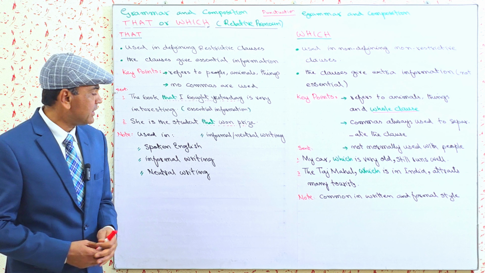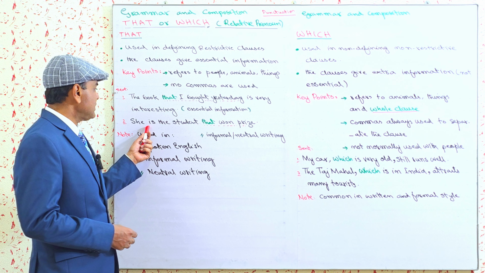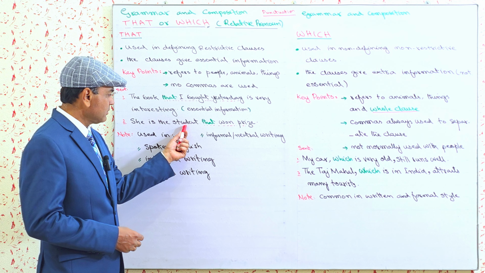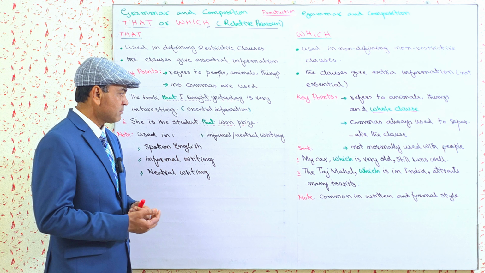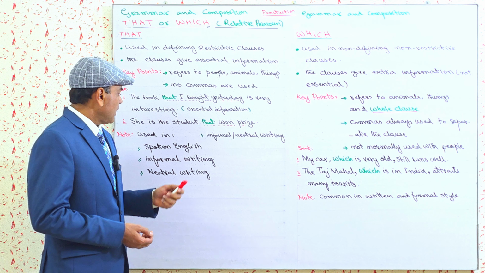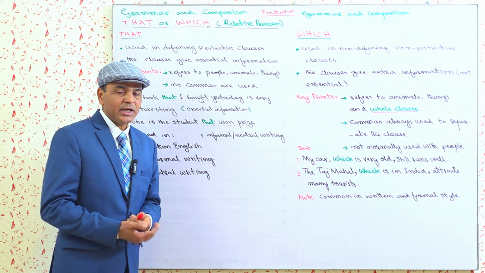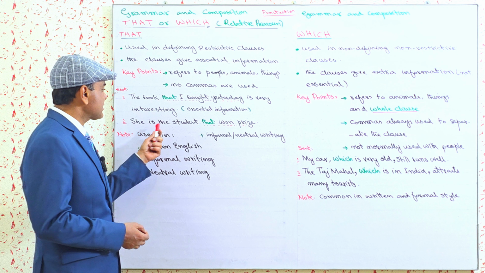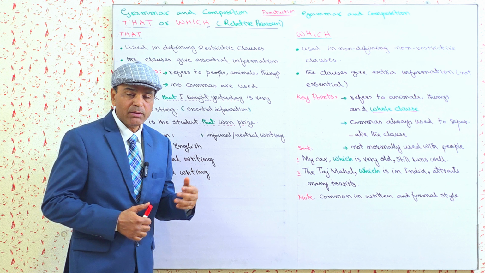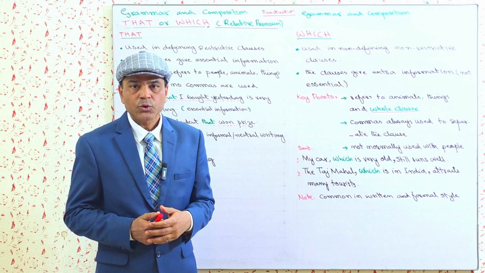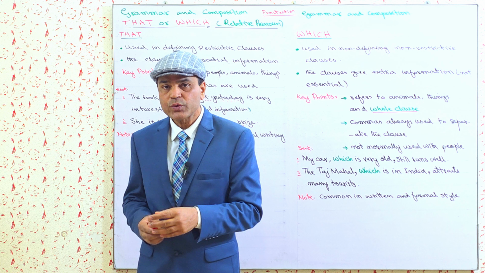Let's have a look at the second example. She is the student that won prize. And if I remove that won prize and I say she is the student, and when I'm using the, you will ask which student?